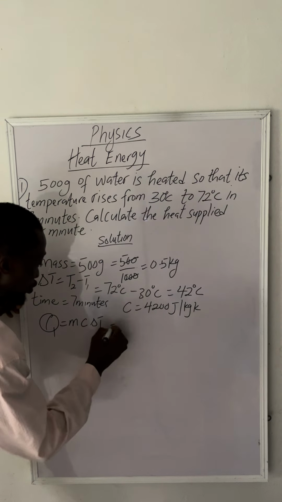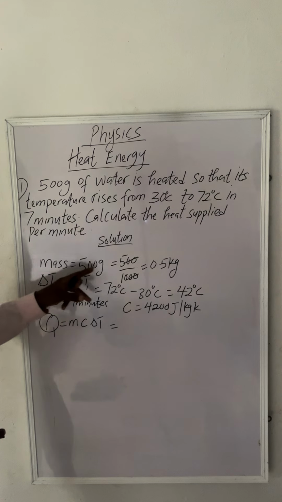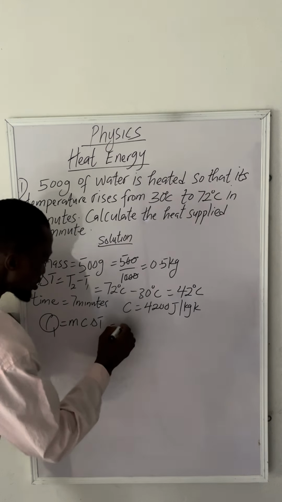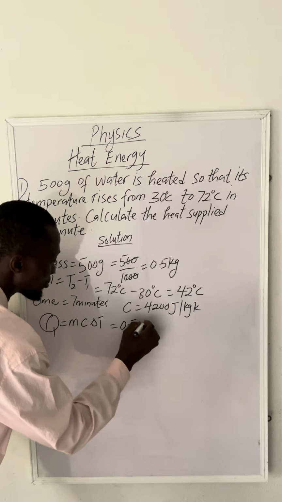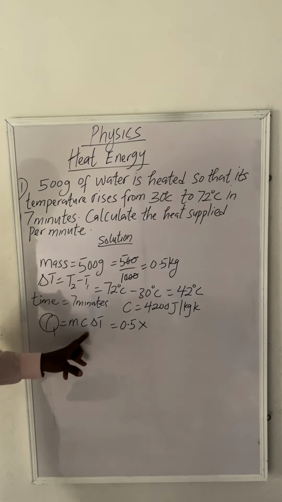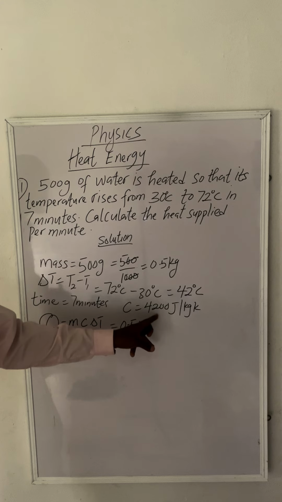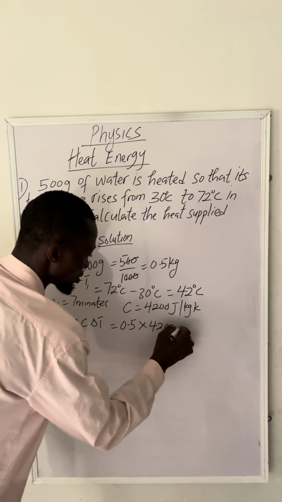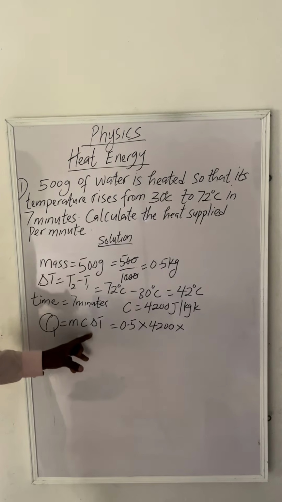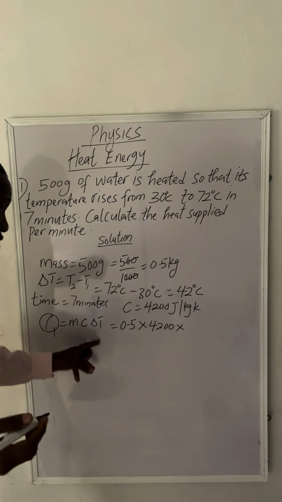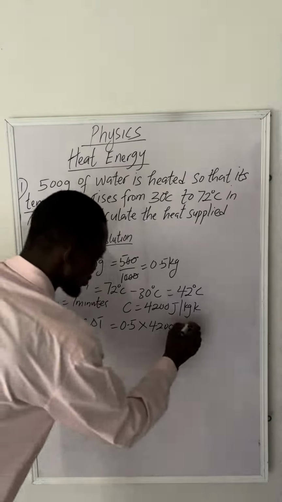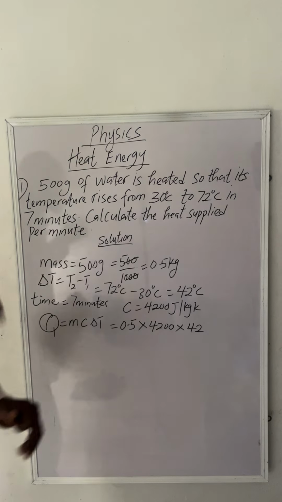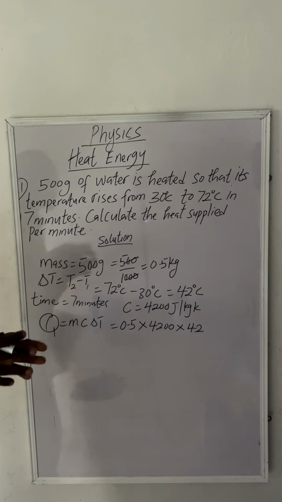The mass from the question is now 0.5 kg, so 0.5 multiplied by the specific heat capacity of water, 4,200, multiplied by the temperature rise, which is 42. So this is going to be times 42 here, right?